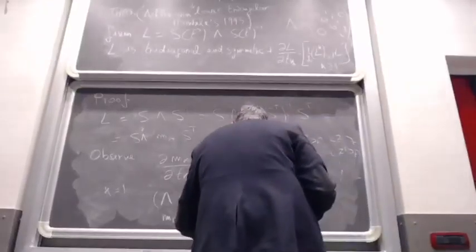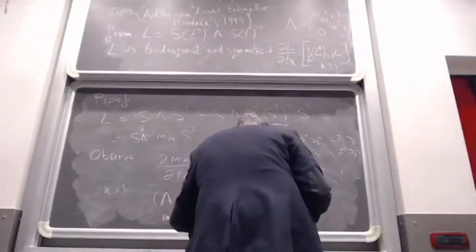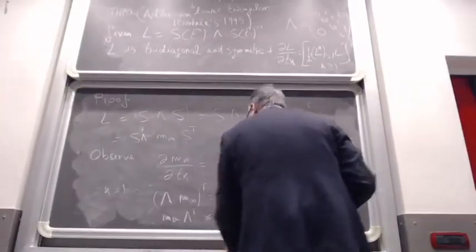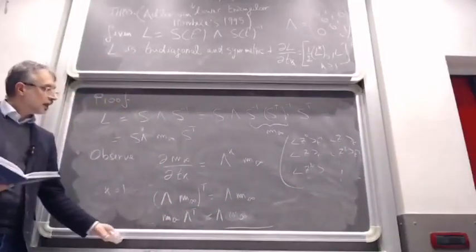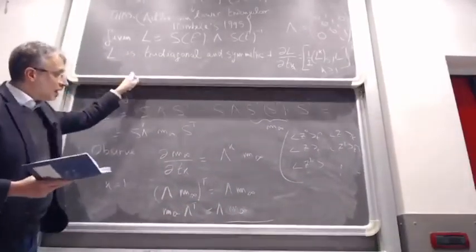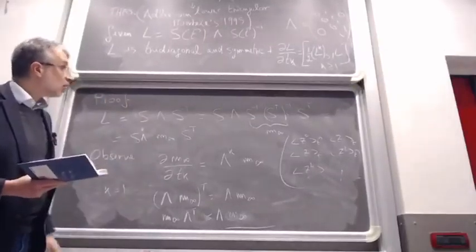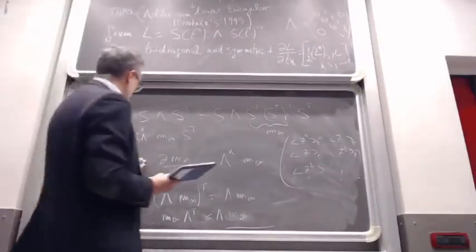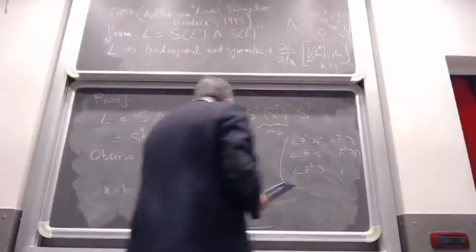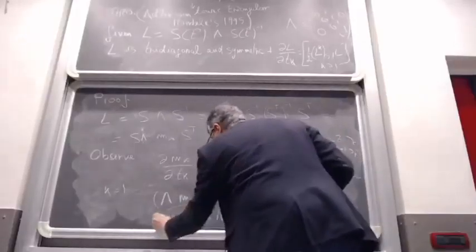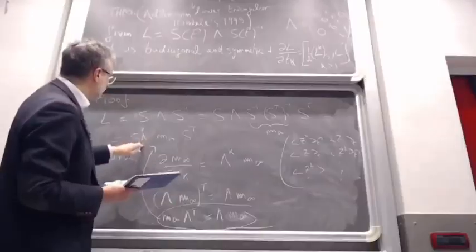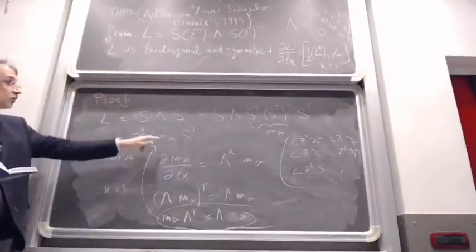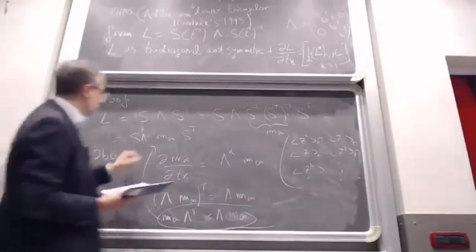I'm just using the symmetry, and we want to use this property to swap the order of lambda and M infinity.